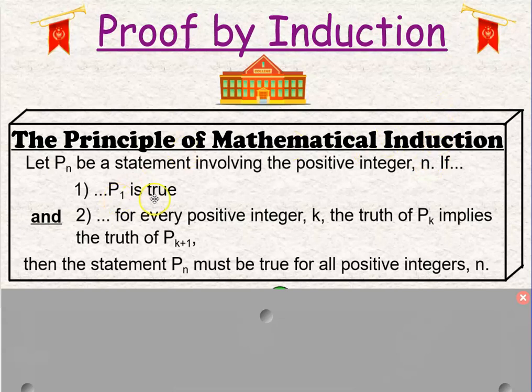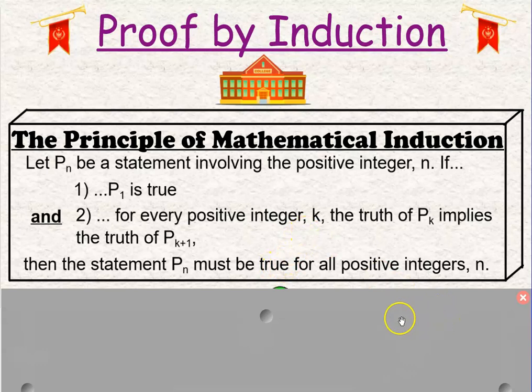If P sub 1 is true, if the very first thing is true, and for every positive integer k, the truth of P sub k implies the truth of P sub k plus 1, then that statement P sub n has to be true for all positive integers n. And that is a really interesting logical vehicle through which we can prove certain ideas, certain things about sequences and series.